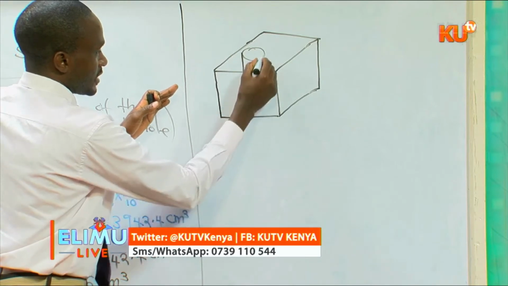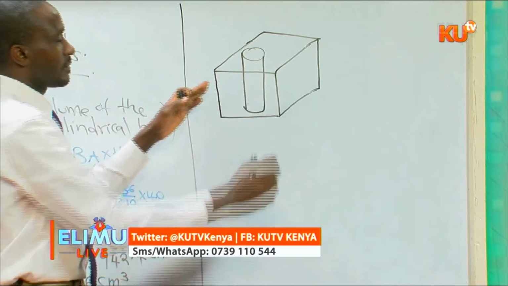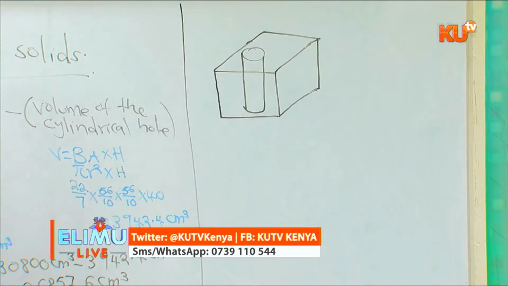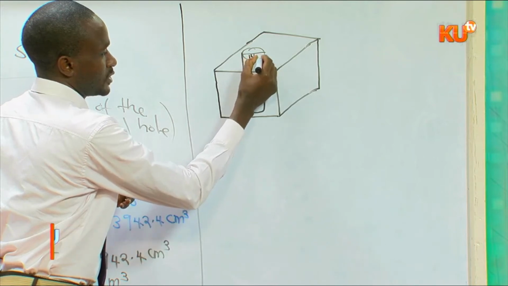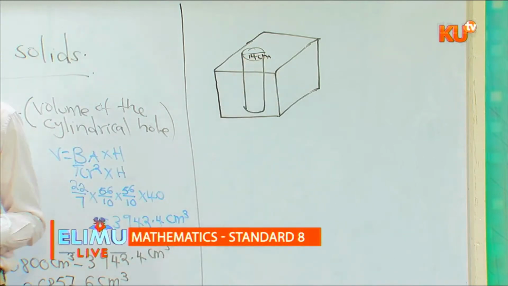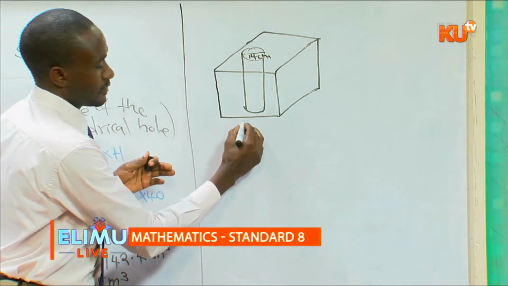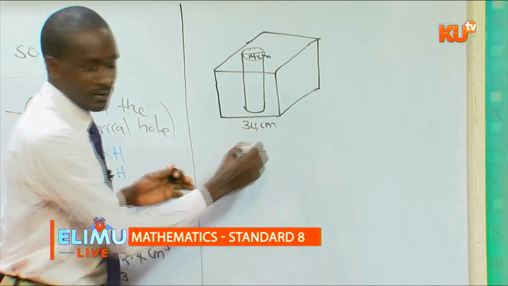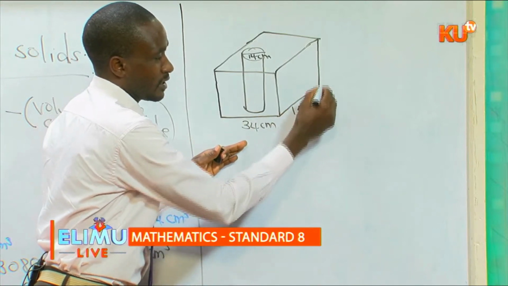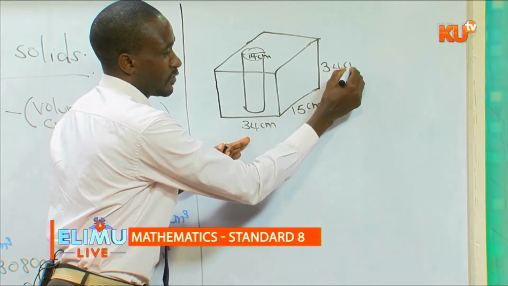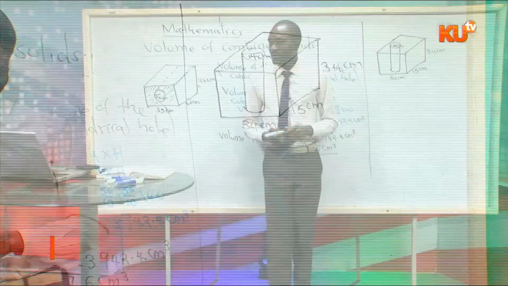Now this is the cylinder which has been drilled, and it has a diameter of 14 centimeter. The length is 34 centimeter. The width is 15 centimeter and height is 34 centimeter.